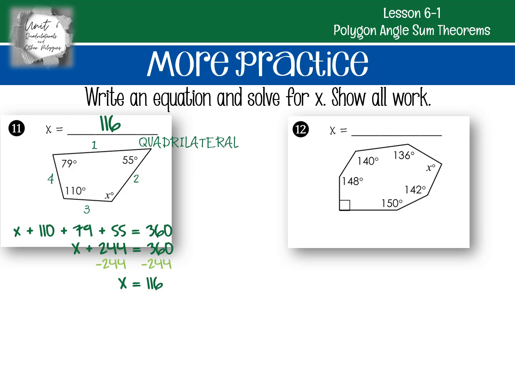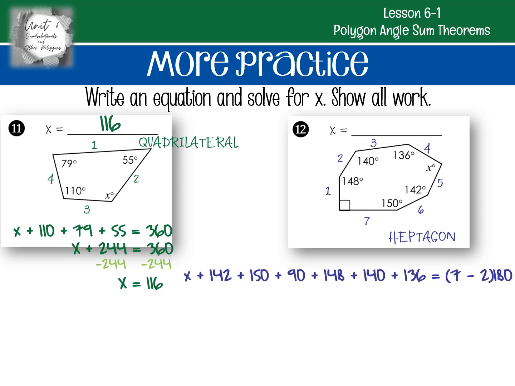Number 12. Let's see how many sides. 1, 2, 3, 4, 5, 6, 7 sides. Heptagon. Okay, so there are 7 interior angles. Let's add them all up. So x plus 142 plus 150 plus 90 plus 148 plus 140 plus 136 equals 7 minus 2, because it's a heptagon, 7 angles, times 180.